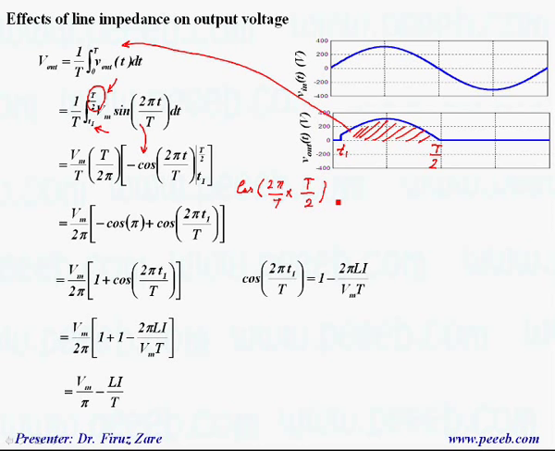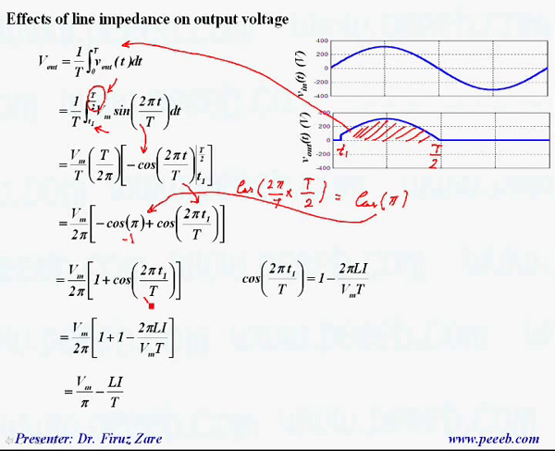This one equals cosine pi, which is basically this term, and when we consider the lower limit we have this equation. So then cosine pi is minus 1, times minus is plus 1, so we can simplify that one.